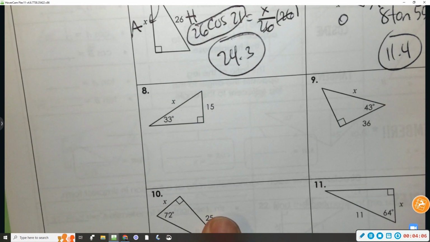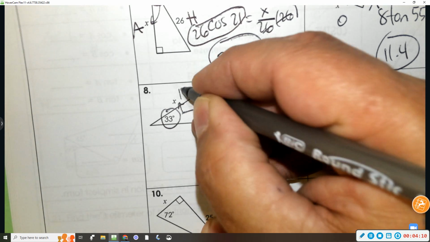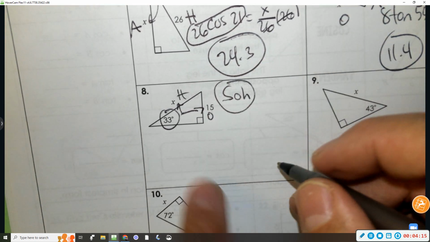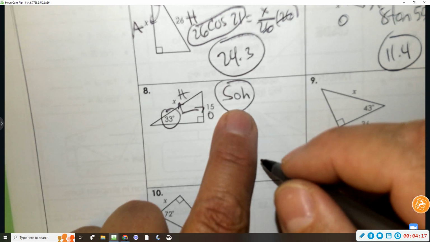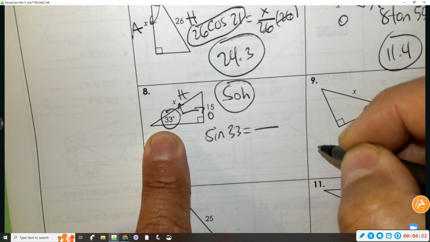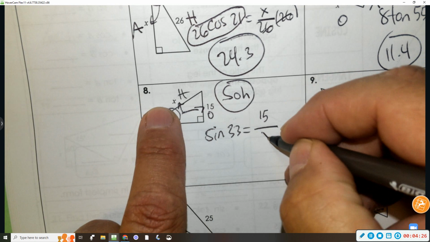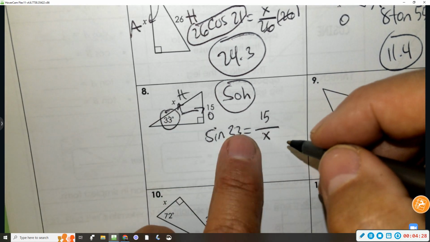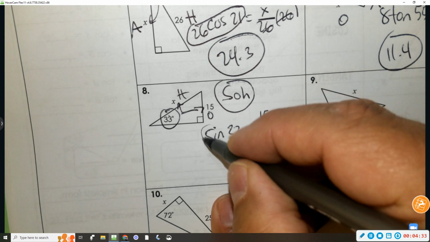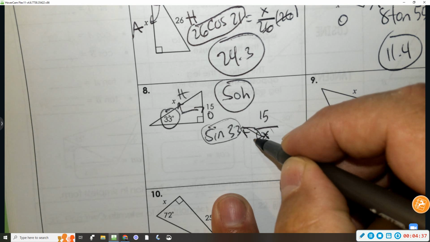Number 8. Circle the angle, opposite, and hypotenuse. So I don't need to go further than that. Opposite and hypotenuse, that's sine. So we write down sine of the angle 33. The numerator is the opposite, and then the hypotenuse is x. To solve this, to make it simple, since x is in the denominator, sine 33 and x will change positions to make it easy to solve.